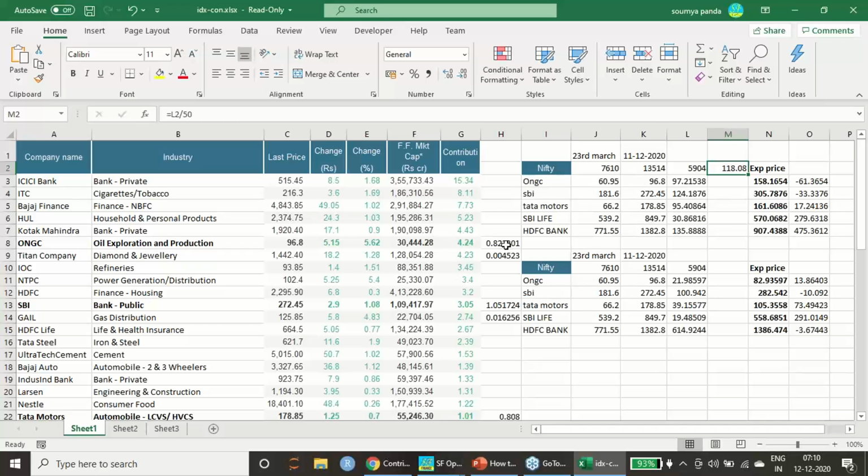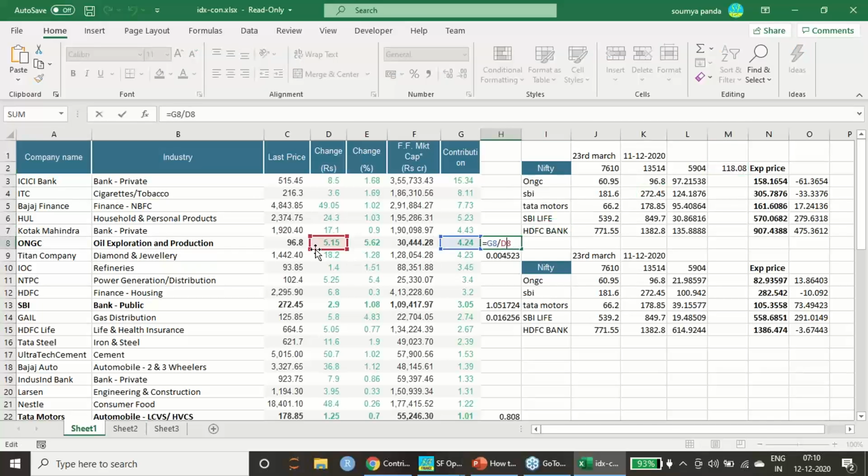Here, when I calculate the contribution factor, this is for the day of 11th of December. On 11th of December, ONGC moved by 5 rupees as compared to its previous close. You can say there is a 5% change, 5.62. In rupee terms, it comes to 5.15.